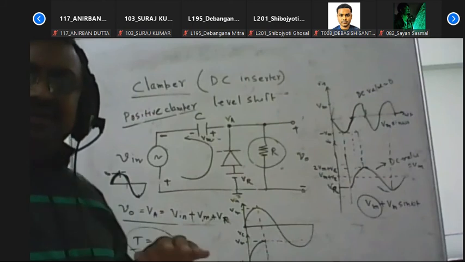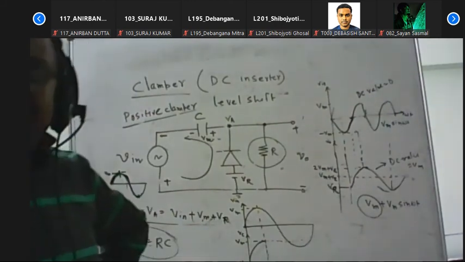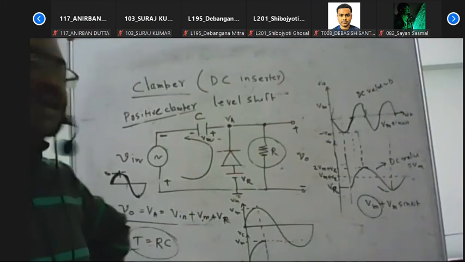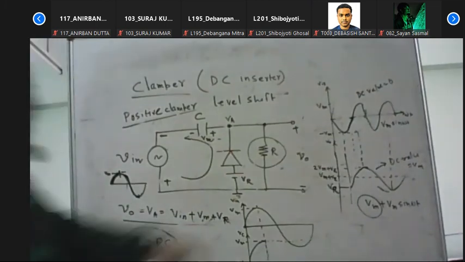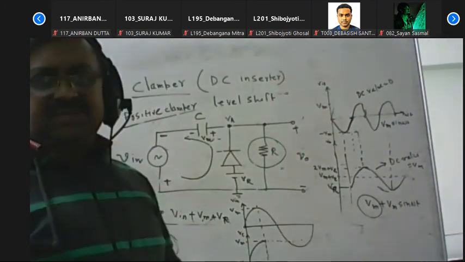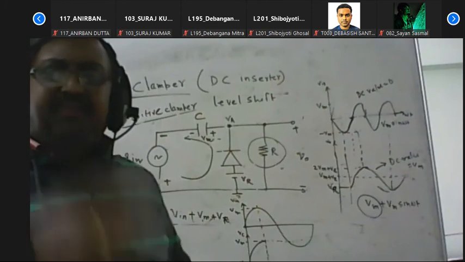Now, what is the use of the clamper circuit? Where can we use this type of clamper circuit? Say the positive half cycle of the input signal is distorted, with noise added at some high positive voltage.